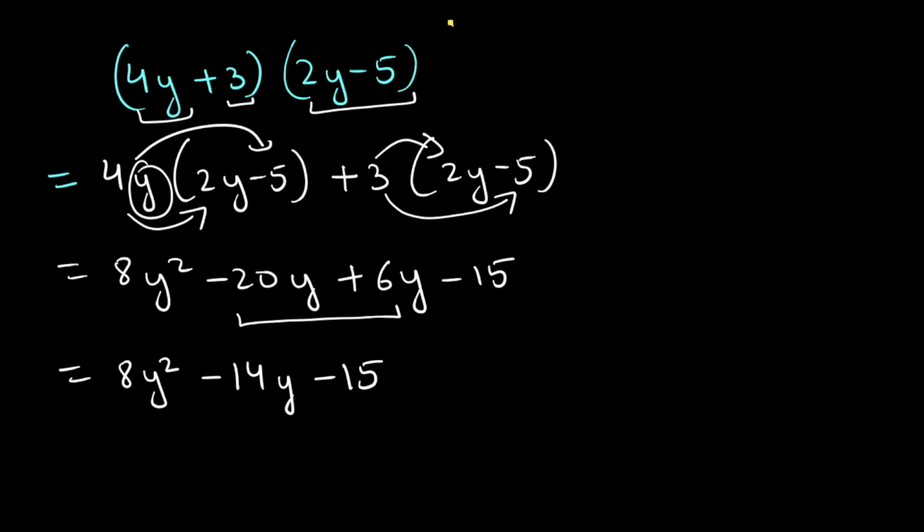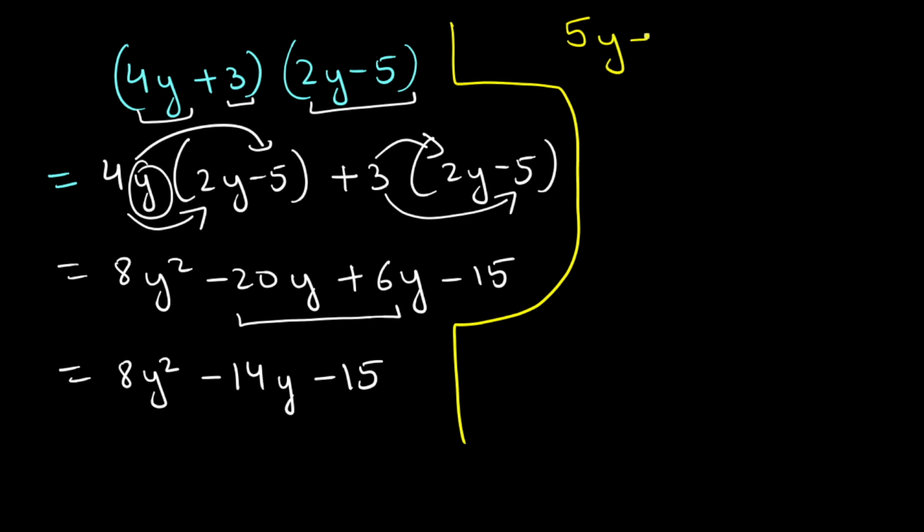So how about you pause the video and try the next problem by yourself. At least do the next step if you can. 5y plus 2 times 6y negative 3.